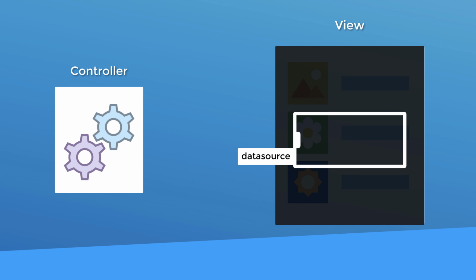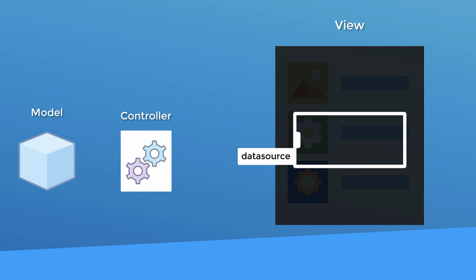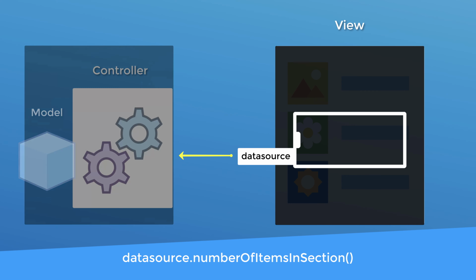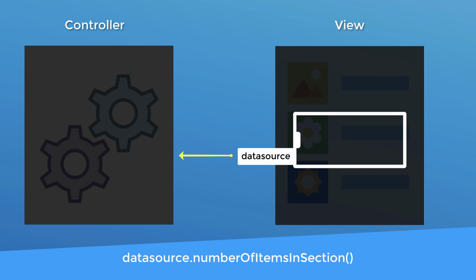The collection view is in the view controller is set as the data source of the collection view, and when that collection view needs to display data, it's going to call a method called number of items in section on the data source object, which happens to be our view controller. So we need to make sure that our view controller has a method named number of items in section that is going to return the information for the collection view.